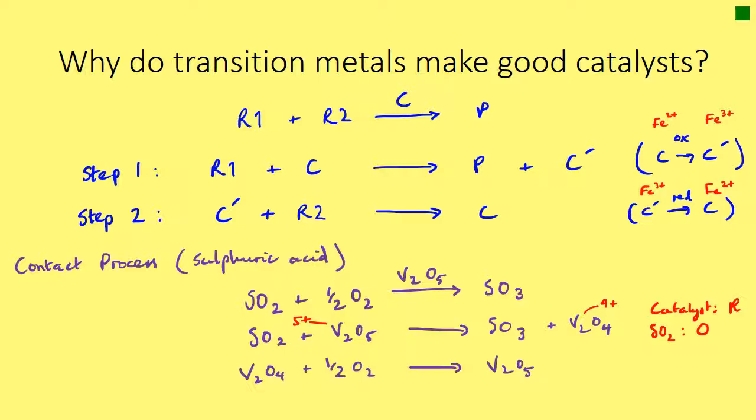So we can see in that case, let's go through the oxidation numbers, see what's been oxidized and what's been reduced. Here we have 4 plus, and here we have back at 5 plus. So our catalyst has been oxidized by the oxygen back to its original state.